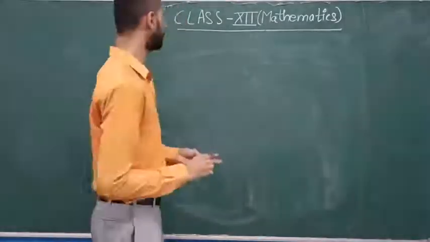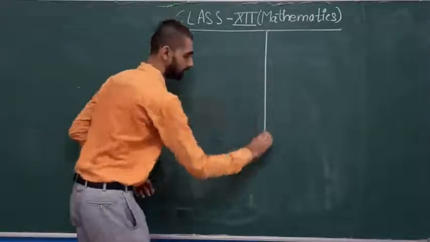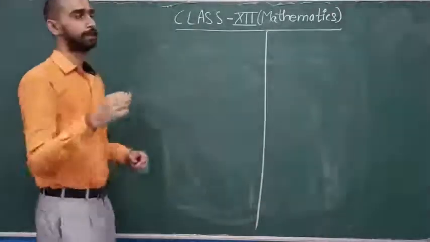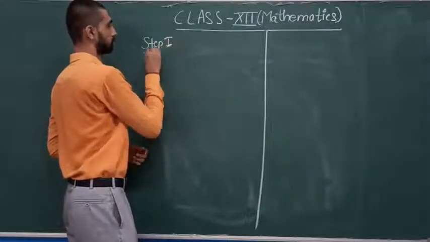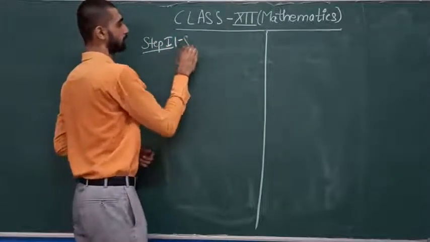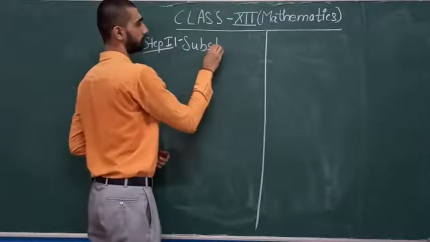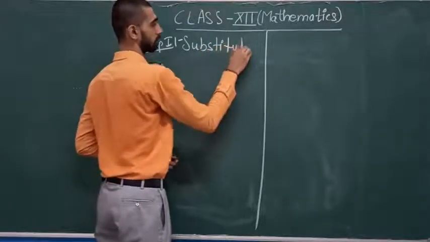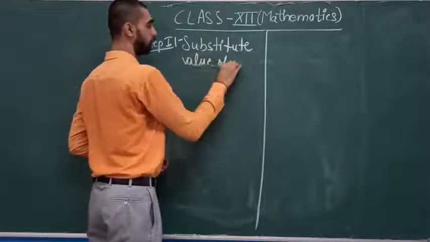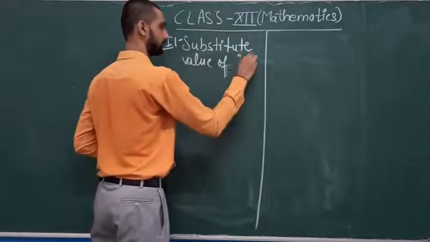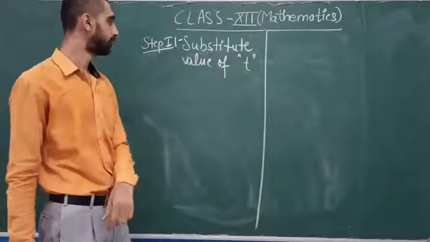First method, I will distribute this into first and second. In the first method, step 1 is substitute the value of t.